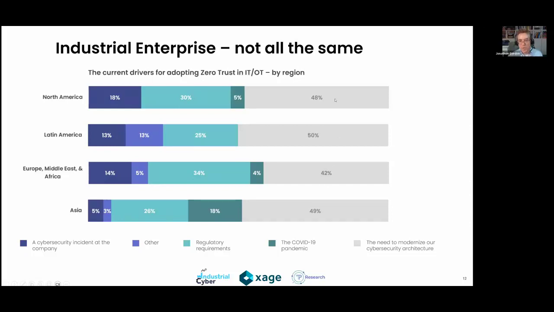It's quite flat across the different regions, but when we look at regulatory requirements, you can see some regions are more mature with regards to where they are in the regulatory process, and maybe some others are less so. So it reflects the nuances between the type of business, the sectors, but also the regions that they happen to be in. And of course, a lot of companies operate across multiple regions, so it can get quite complex.